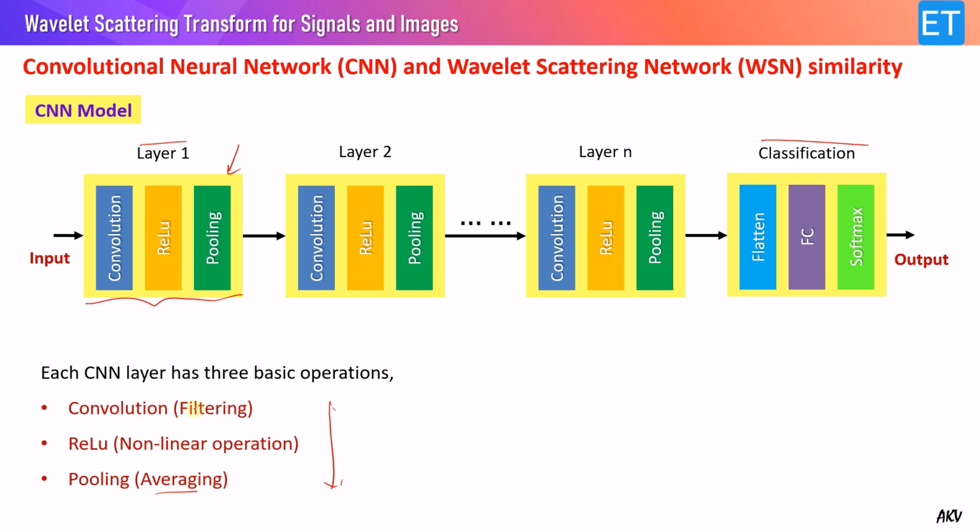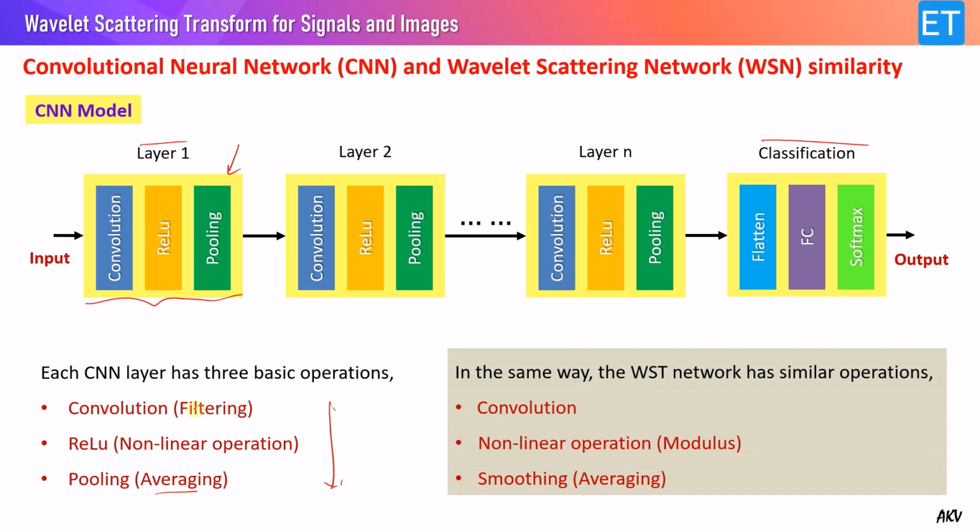These similar operations are also performed in the wavelet scattering tree, as we have seen in the previous slide. There also we have seen the convolution operation where your signal is convolved with the wavelet, and then we find the modulus of these coefficients, and then we convolve these coefficients with the scaling function.